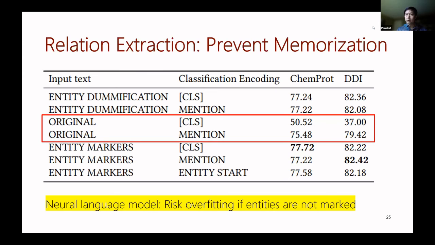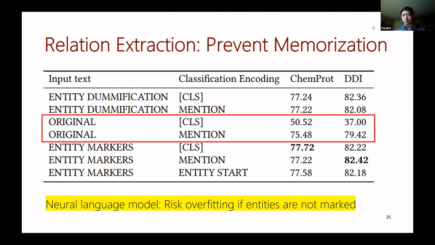And on the flip side, you also have to be careful with neural networks, because they are very powerful, but they are also very powerful in memorizing, right? For example, if you look back at the traditional feature-based approach, back in the old days when NLP was about feature engineering, one of the feature engineering 101 rules for relation extraction is that you shouldn't use entity ID as your features, right?